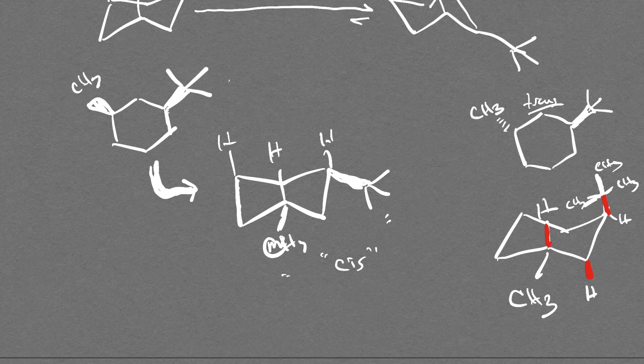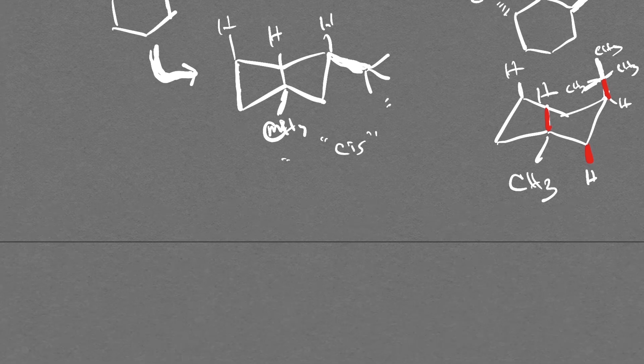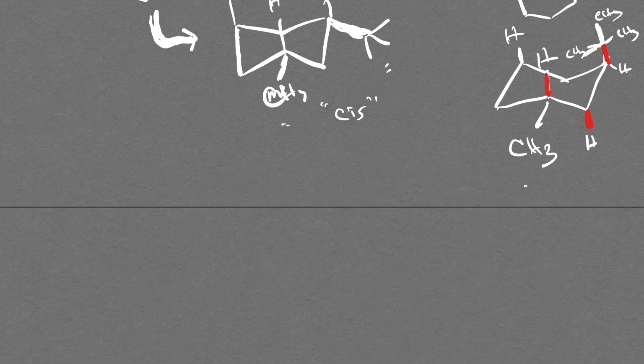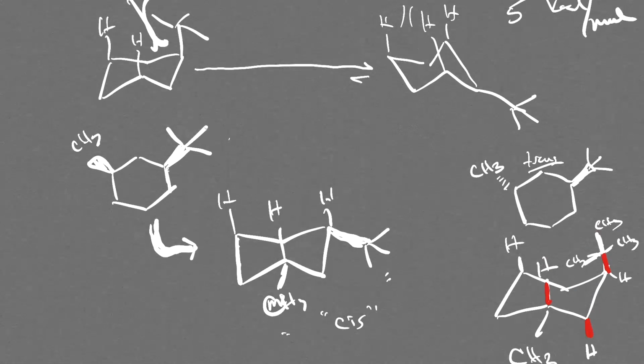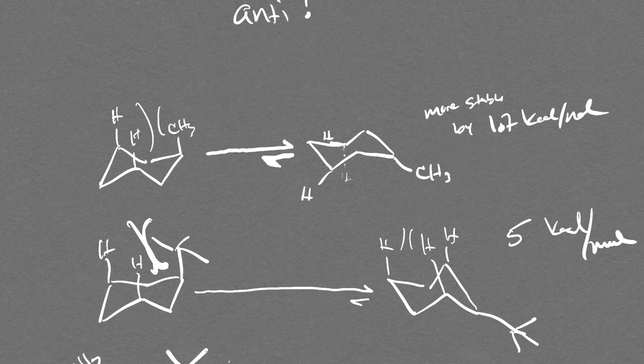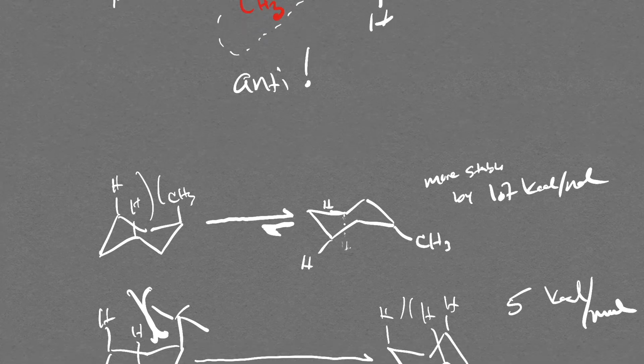And the problem with this configuration, of course, is you got a T-butyl group, and a T-butyl group is 5 kilocalories per mole. So that's going to be short-lived, because it will want to preferentially go to the lower energy one, and the lower energy one is just the methyl cyclohexane in the A strain configuration, right?